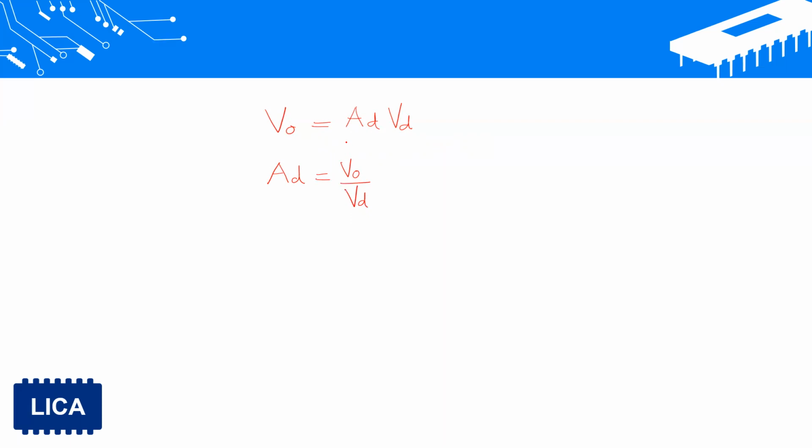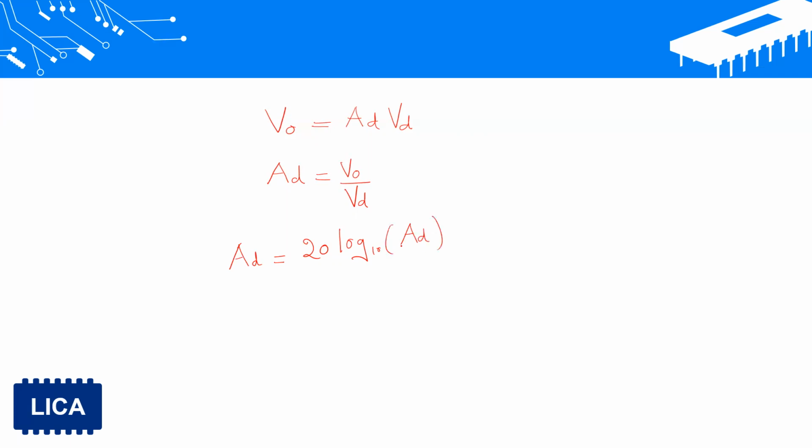Generally, the differential gain is expressed in its decibel value. We have to mention the value of differential gain in dB, decibels. How to write this value in dB? AD in dB equals 20 log base 10 of AD.